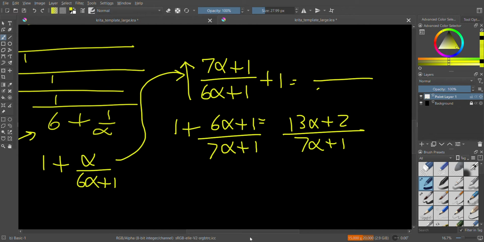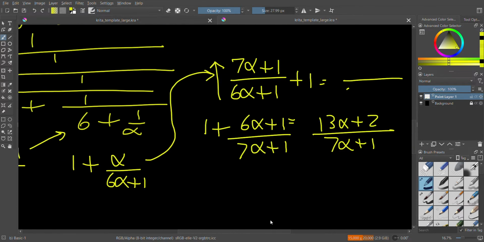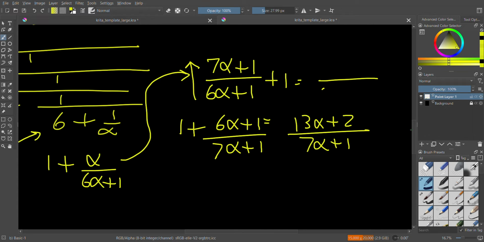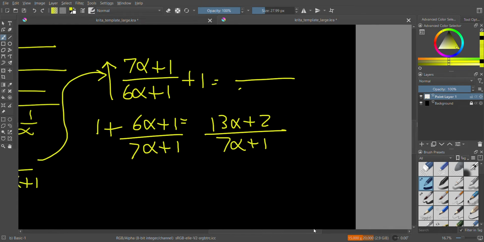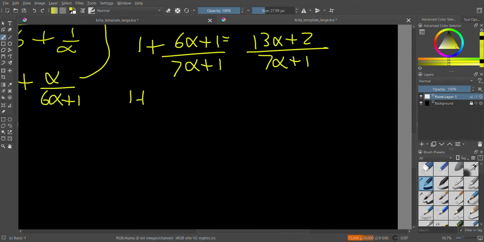Now I go back here and I do it again, but I have to flip it because it's 1 over, right? So this becomes 1 plus 7 alpha plus 1 over 13 alpha plus 2. Right? Yeah.